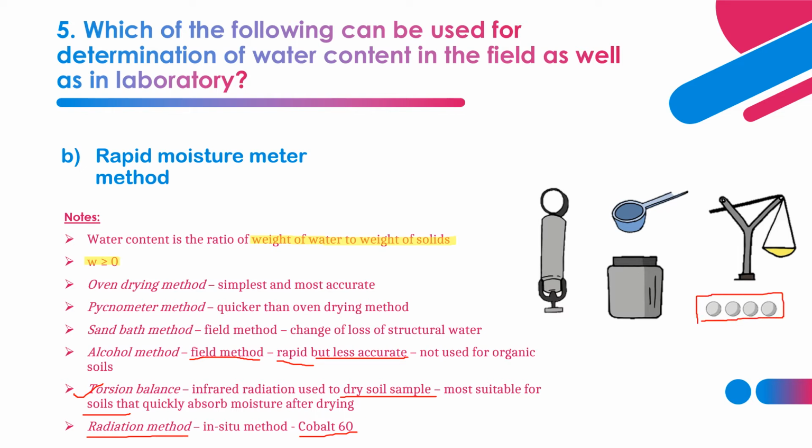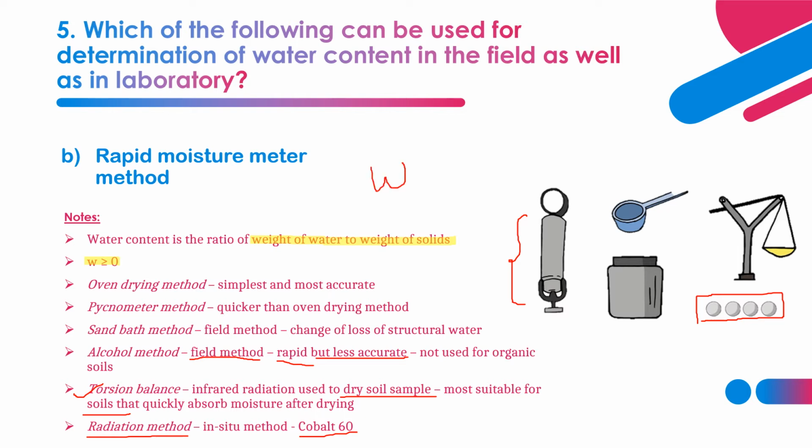The rapid moisture meter method is nothing but the calcium carbide method. The soil is put inside this shaker, inside which we put some 4 to 5 grams of soil and shake well with calcium carbide balls, and acetylene gas will get expelled, and the corresponding amount of water content we will get to know.